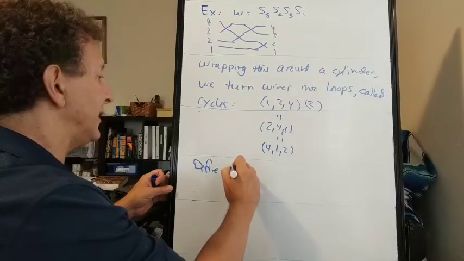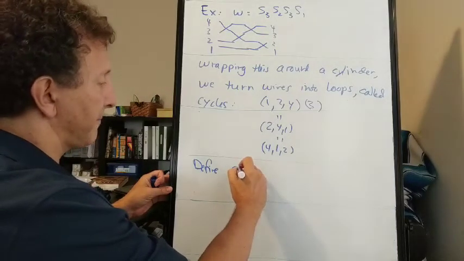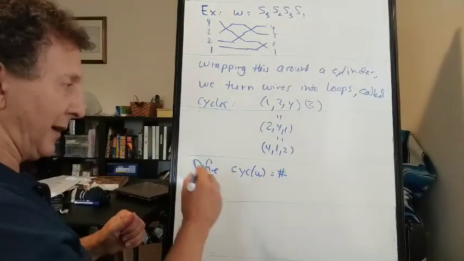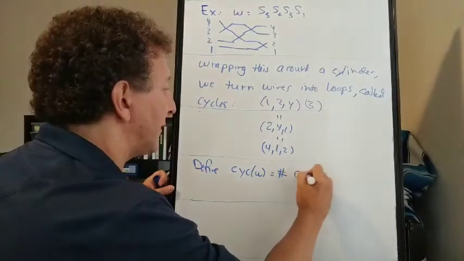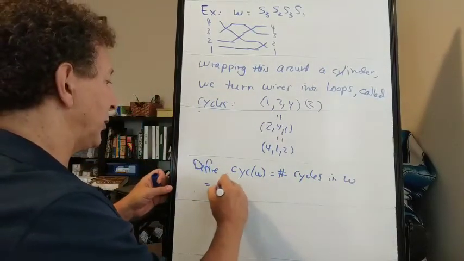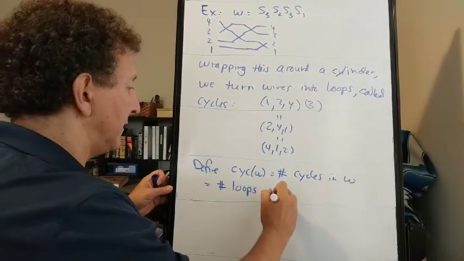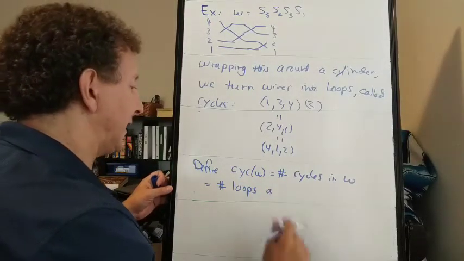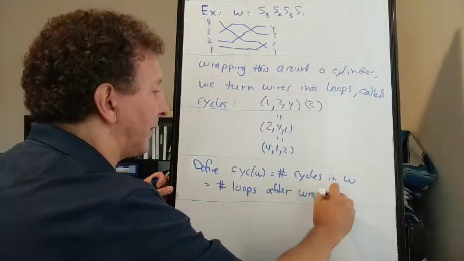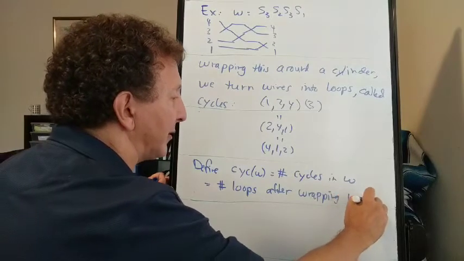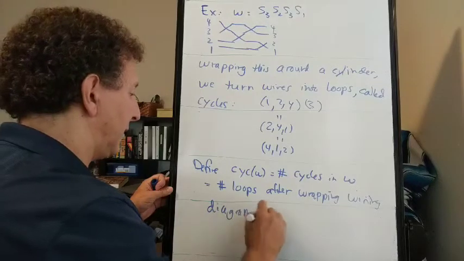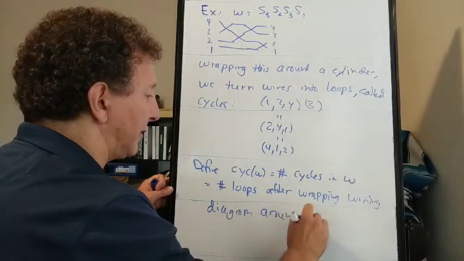We can define the number of cycles in w and write that cyc(w). That'll be the number of loops that we get after wrapping the wiring diagram around a cylinder.